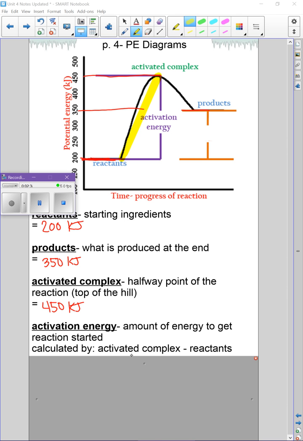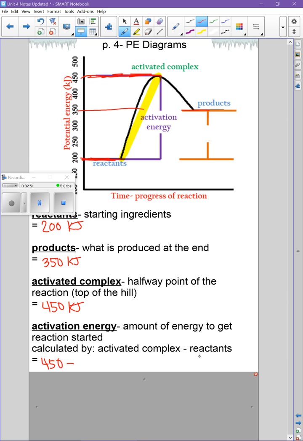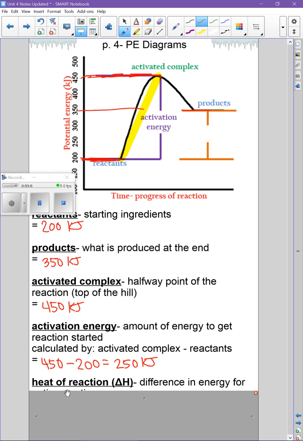So we're going to calculate what is the activated complex, and then we're going to minus the energy of the reactants. So go back, our activated complex was here. That's about 450 kilojoules. Minus the energy of the reactants, read over, is 200. So the amount of activation energy, the amount of energy to get this reaction started, is about 250 kilojoules by doing that subtraction.